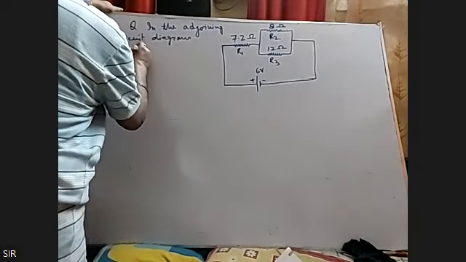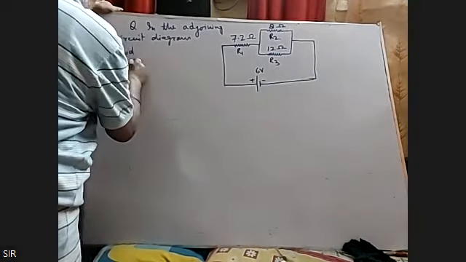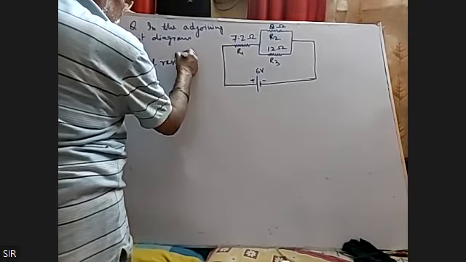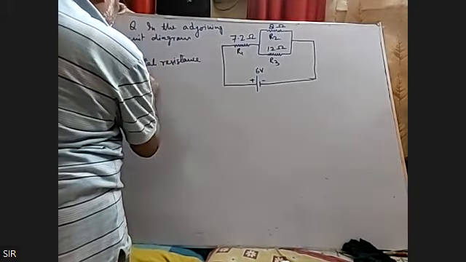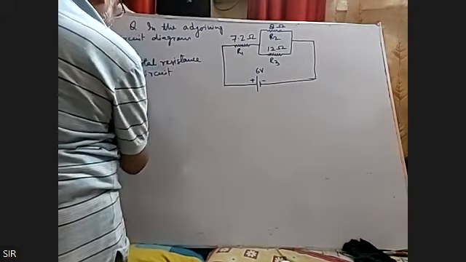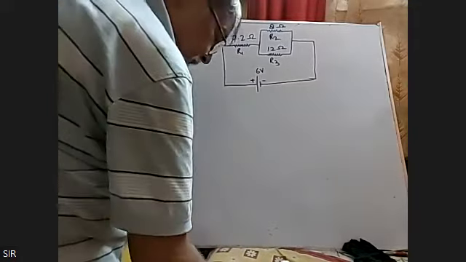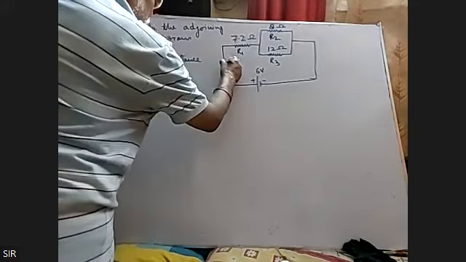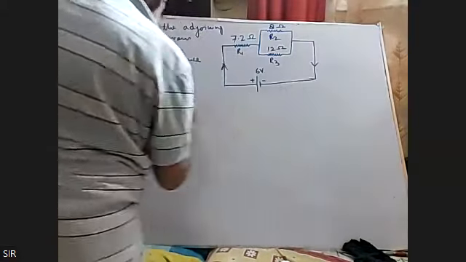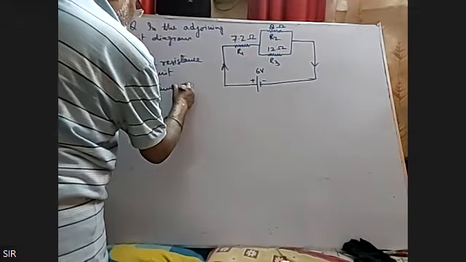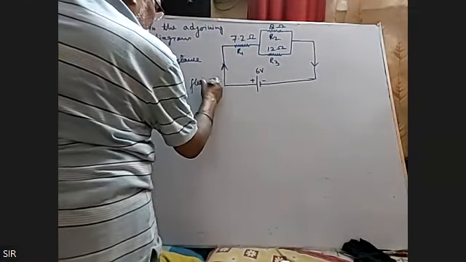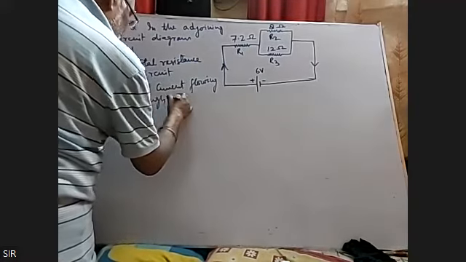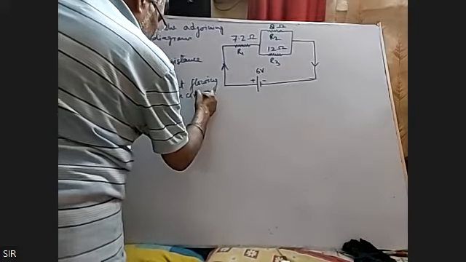Find a total resistance of circuit. B, total current flowing through the circuit.